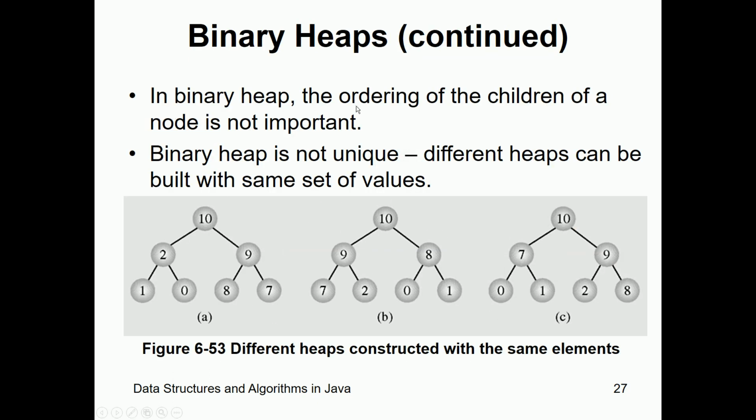And in the binary heap, the ordering of the children nodes is not important. The order of those nodes at the bottom is not important. What's important is the order of the levels.